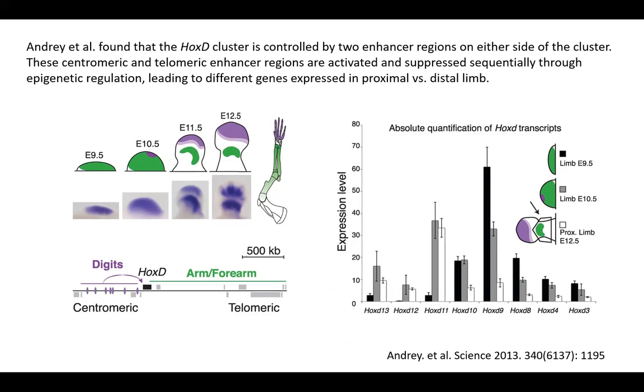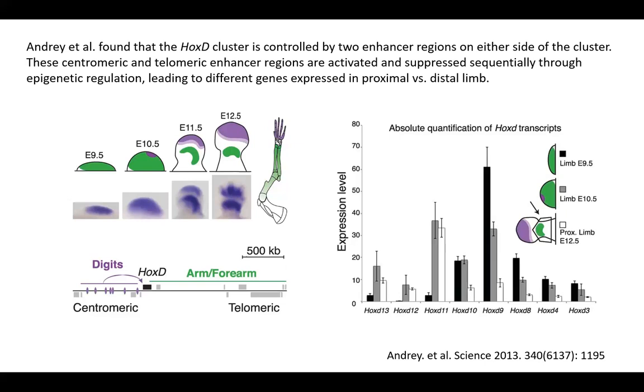And in this study, they went on and identified additional enhancers that are regulating the telomeric part of the cluster that are responsible for the early development, the arm and the forearm. So this is showing you that initially you have the early Hox-D genes that are expressed, and then as development goes on, you get the later Hox genes expressed in the fingers.